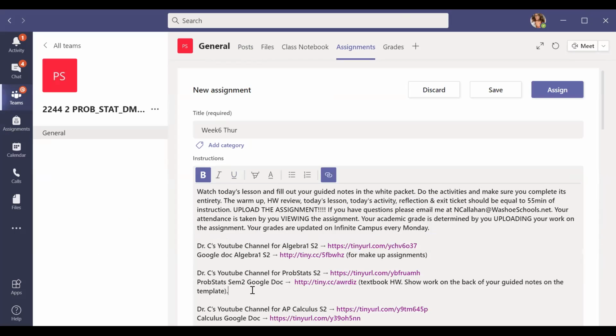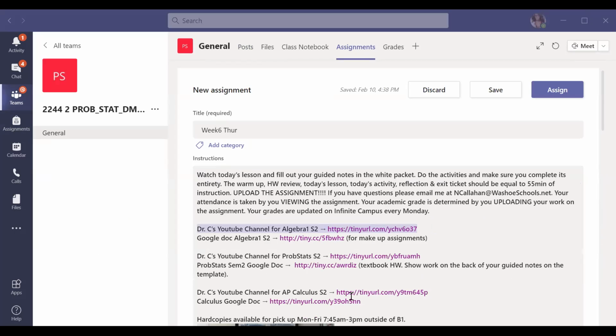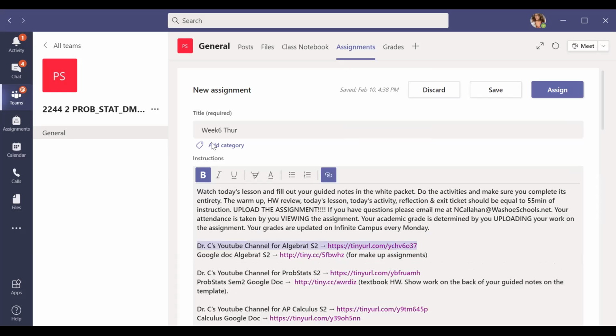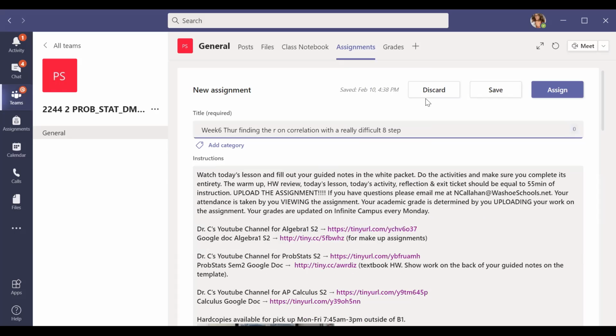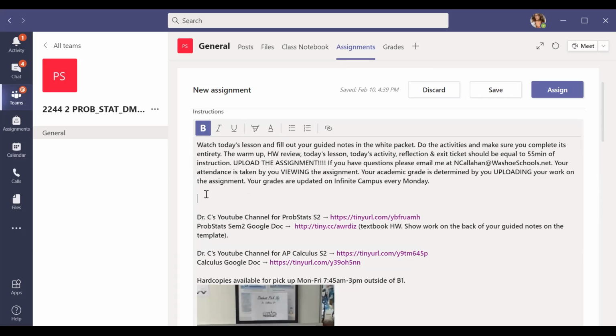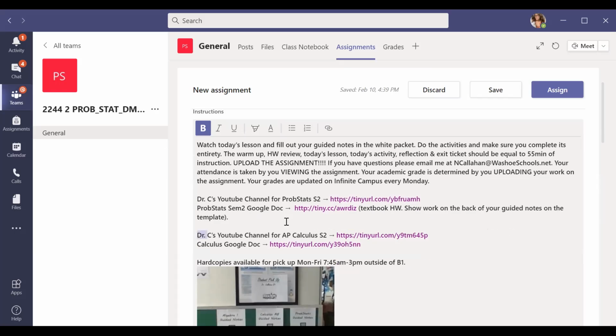Today we are going to continue talking about correlation, just like yesterday when we had that really long 8-step procedure. Today we're going to be finding the R on correlation with a really difficult 8-step equation. With that said, let's go ahead and create this assignment.